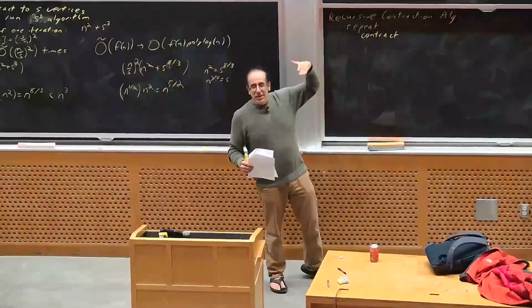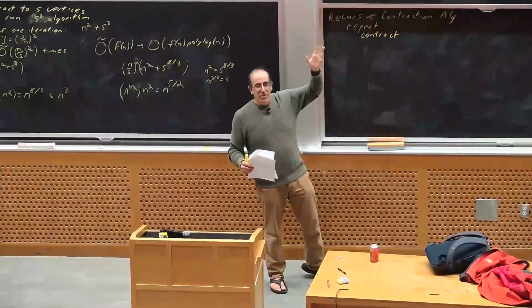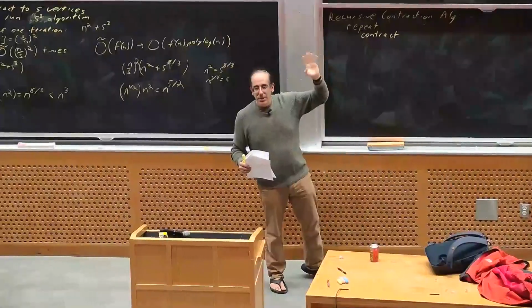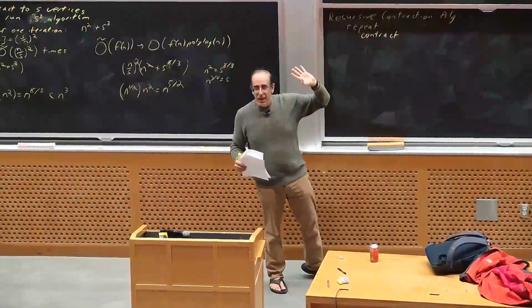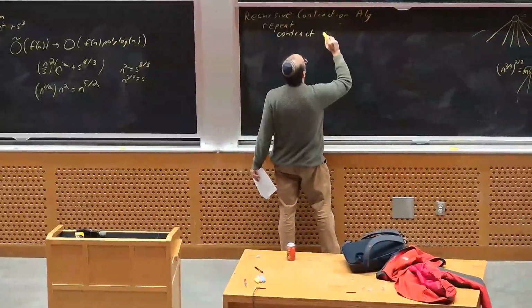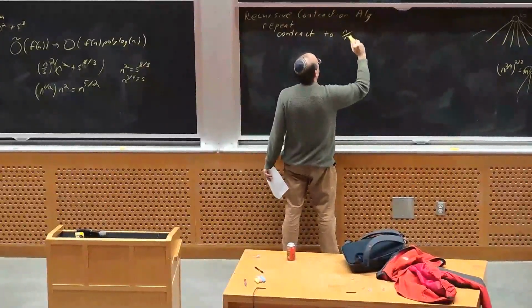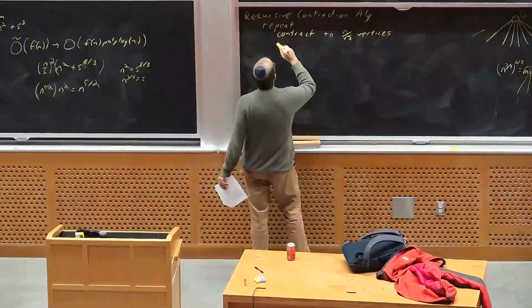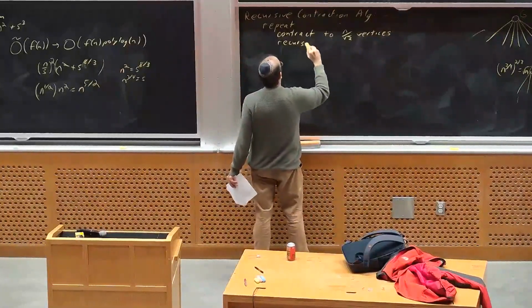It doesn't make sense to contract to less than a constant because you don't get a multiplicative improvement. So you should be contracting to a constant, and it actually turns out that the constant doesn't matter. So I'm going to contract to n over square root of 2 vertices, and then I'm going to recurse.